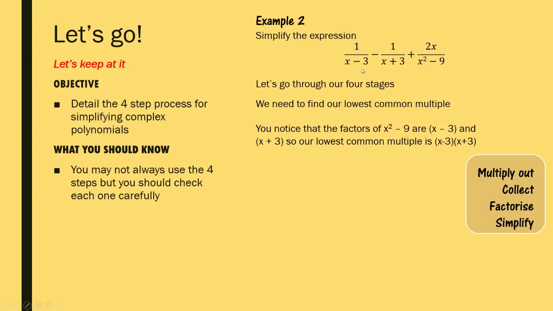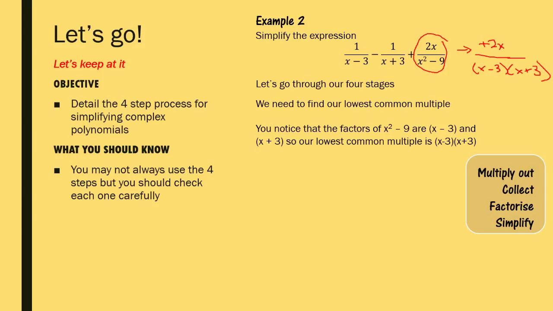So this one is 1 over x minus 3, this is 1 over x plus 3, and if I rewrite this one, it becomes plus 2x, not forgetting our sign, over x minus 3, x plus 3. A little bit messy, but you get the idea.